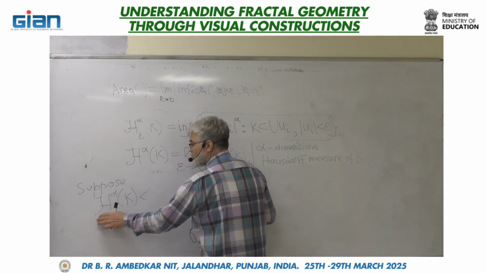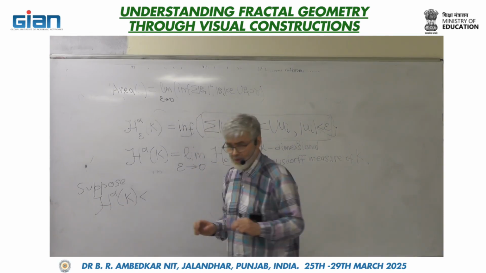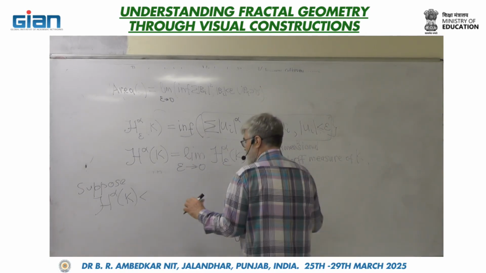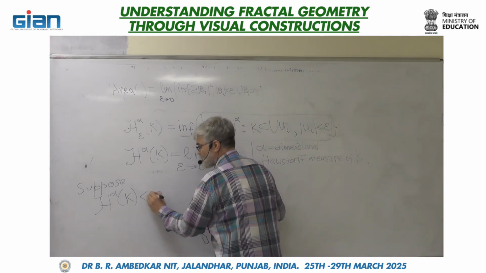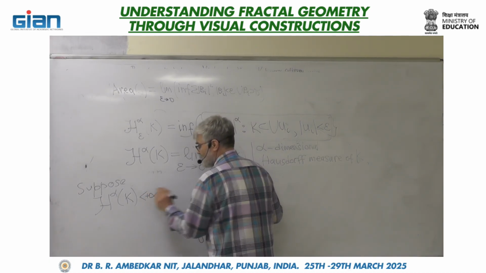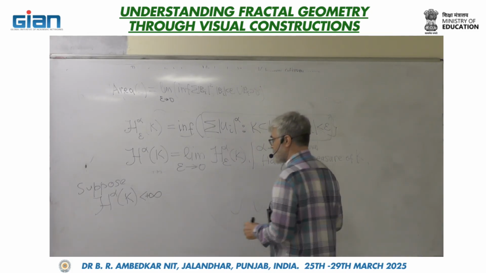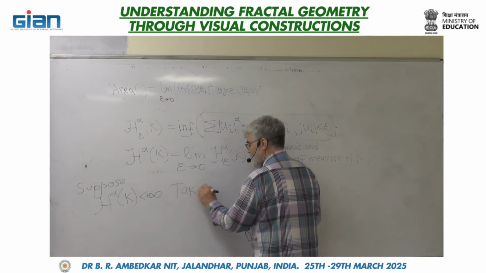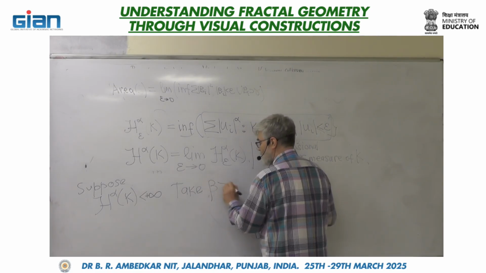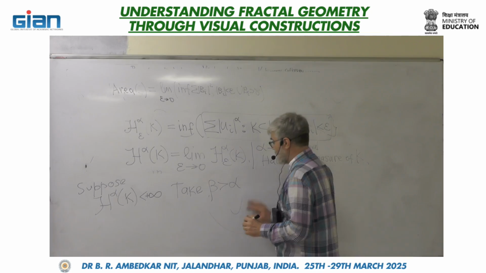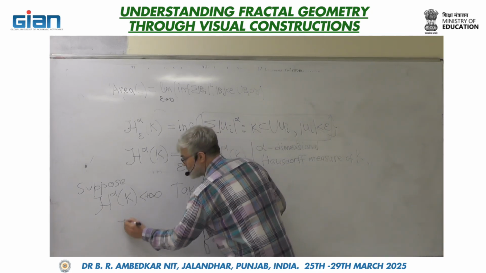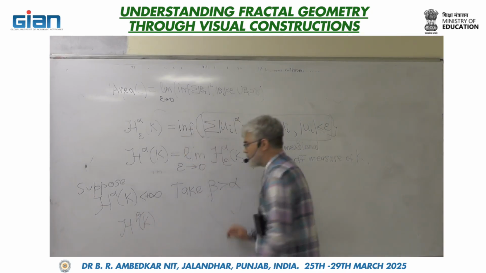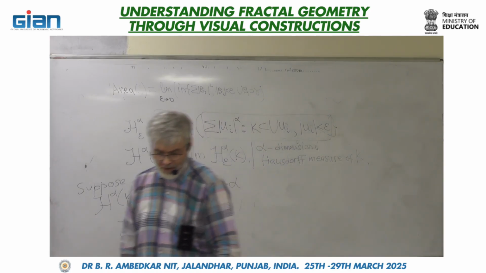Suppose we took some set K, it may be fractal, it may be anything, yes, and its measure is some number which is less than plus infinity. Take beta more than alpha, and let us count H beta of K.